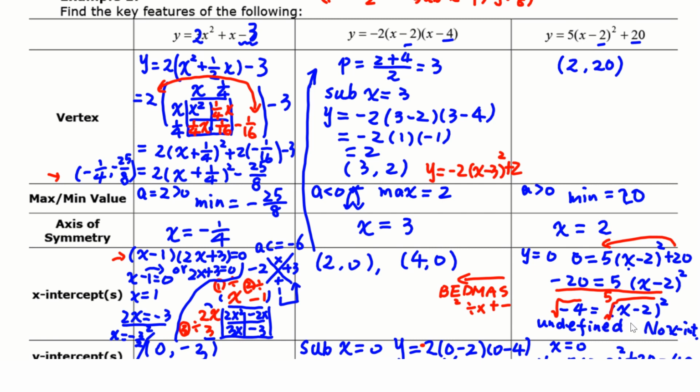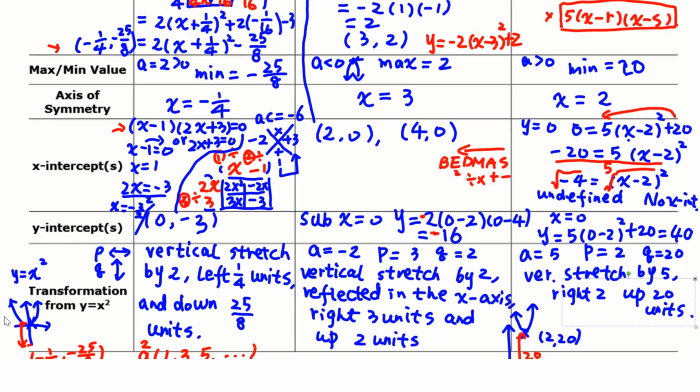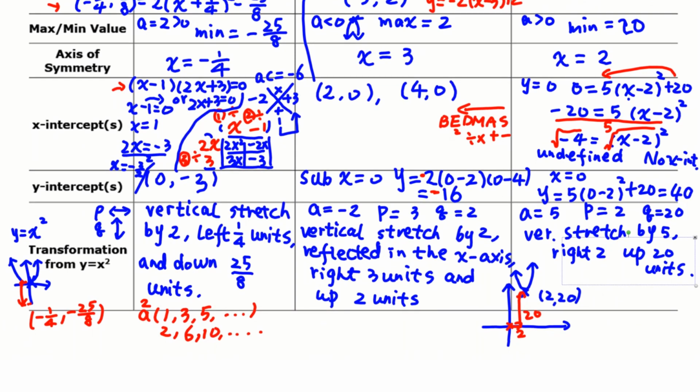If you have the two zeros, you could write it as 5(x minus r)(x minus s), which will be factor form, but this one has no zeros, so no r and s, so we are not able to factor it. No factor form for this one. So that is for converting from one form to another.